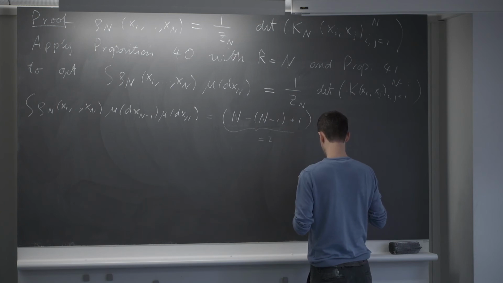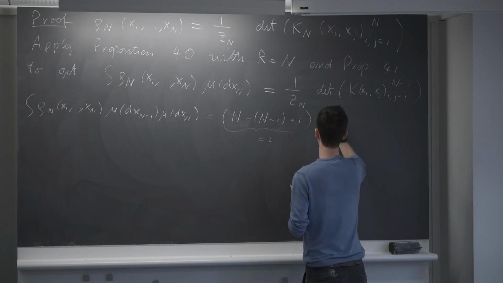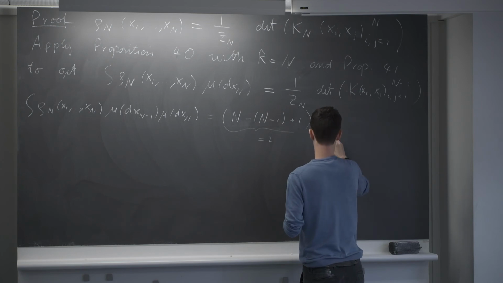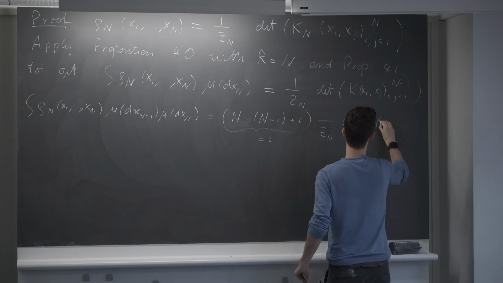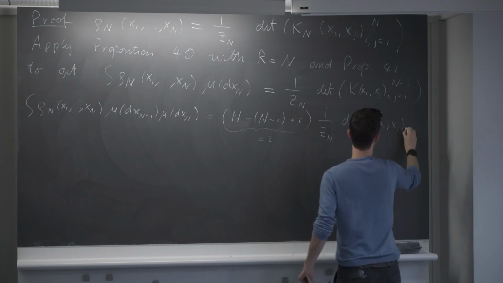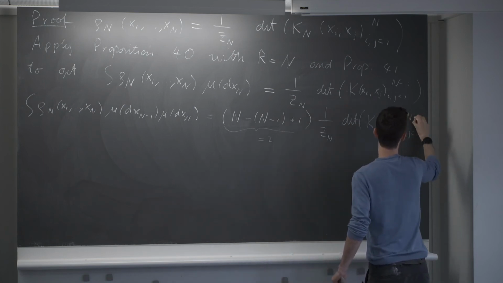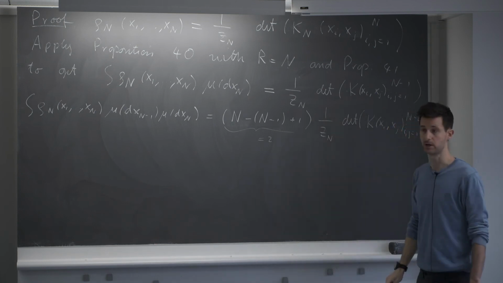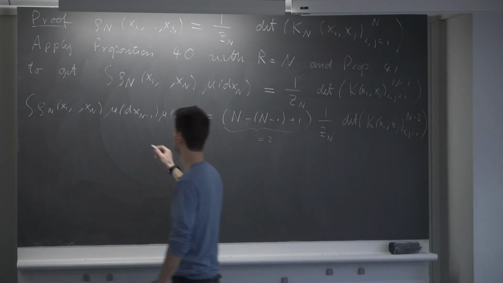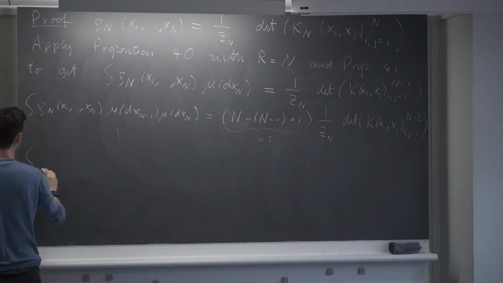Then I have my 1 over Zn, and then I have the same thing, and minus 2. And then you can see how it goes on, right?